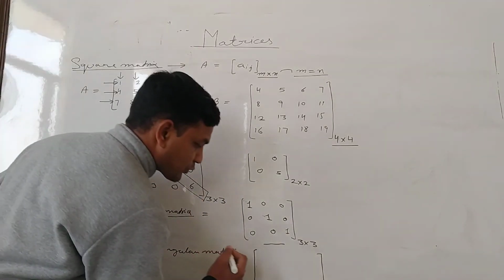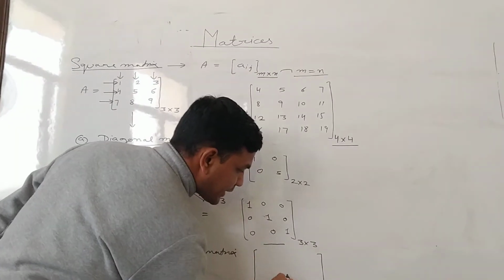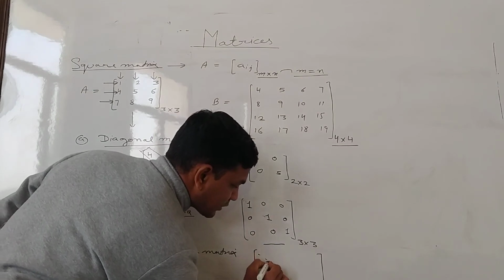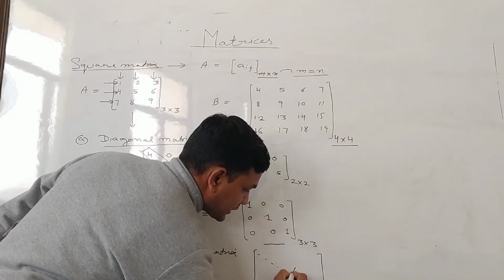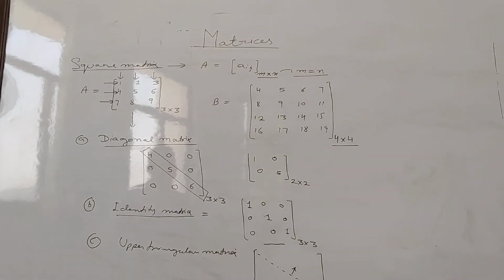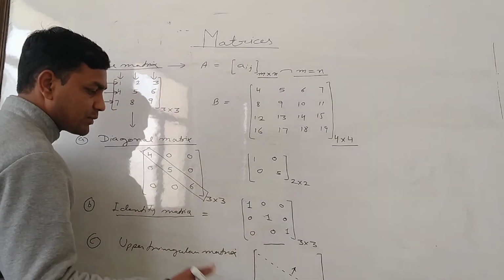It is a square matrix in which all the elements below the principal diagonal are zero, while the elements above the principal diagonal, and some elements of the principal diagonal, are non-zero.